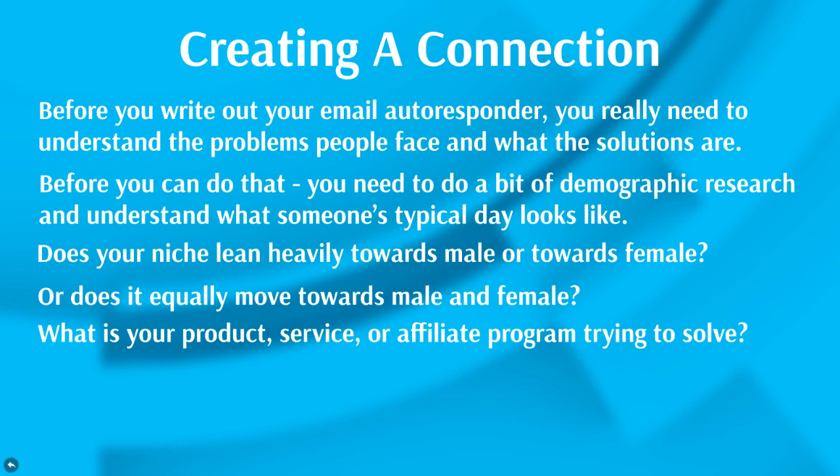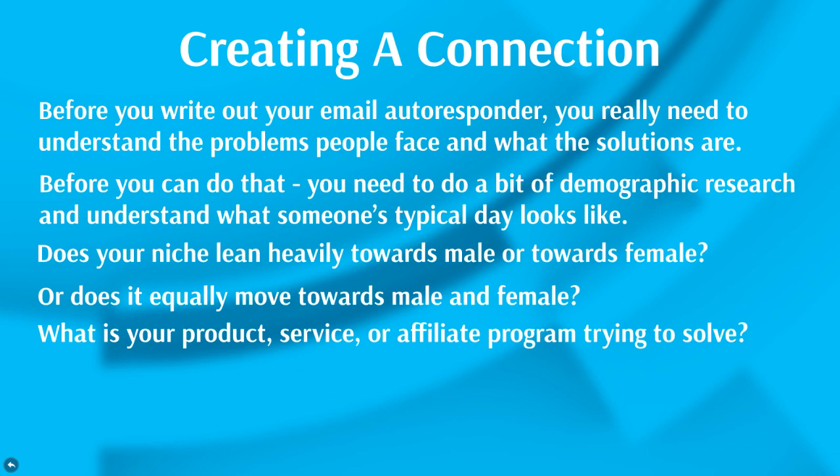It doesn't matter if you're selling a product or service or an affiliate program. The whole goal of every single one of these is to build a relationship first. Then you can sell your product, then your service, and then your affiliate program. Oftentimes you'll find that the best converting email autoresponder series build a relationship first rather than selling first.